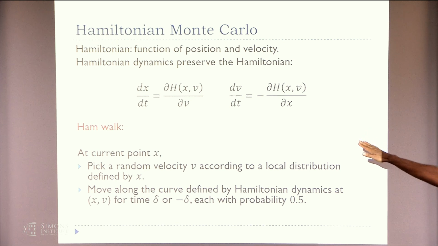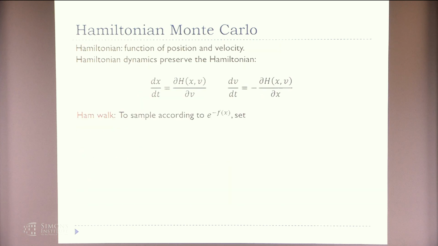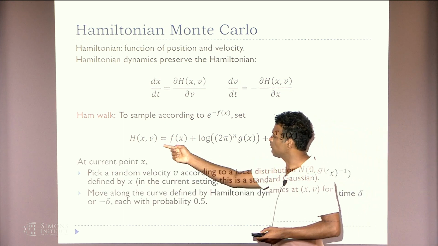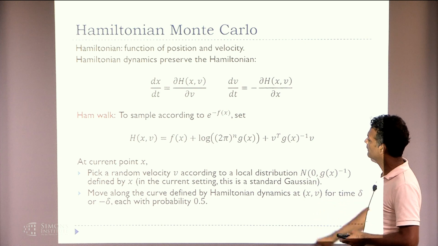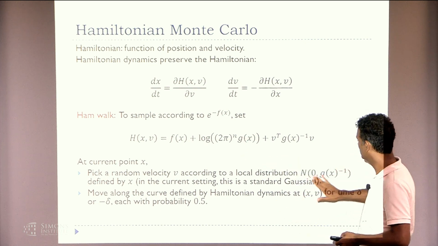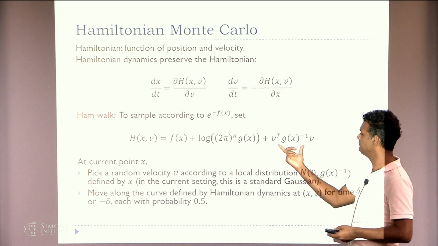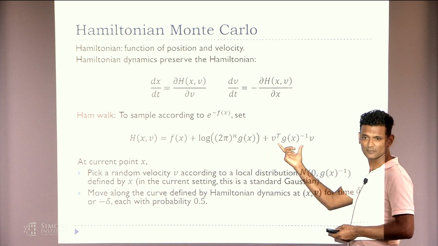We'll define a function because we need to have a goal. What's the end result we want out of this? Sampling from some density. So we can do this very generally. But now, if you pick H to be something like this, think of g as just identity for this talk, but you can actually make it more general. If g is just identity, this is just the square of the velocity.